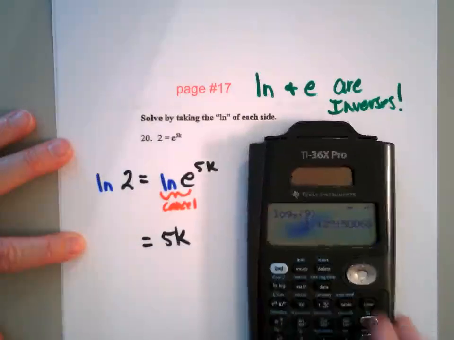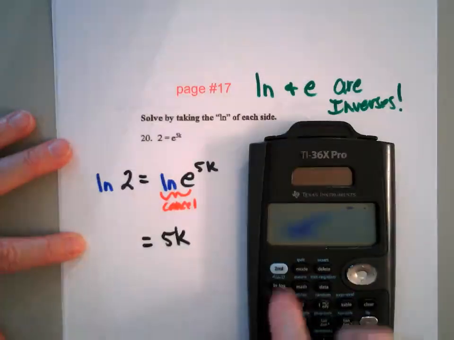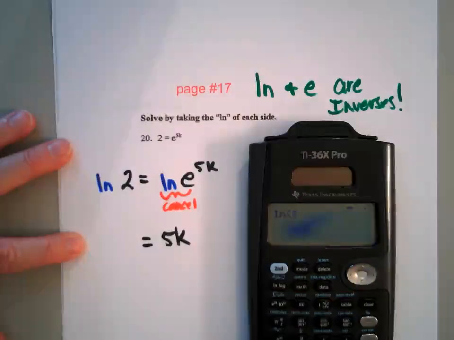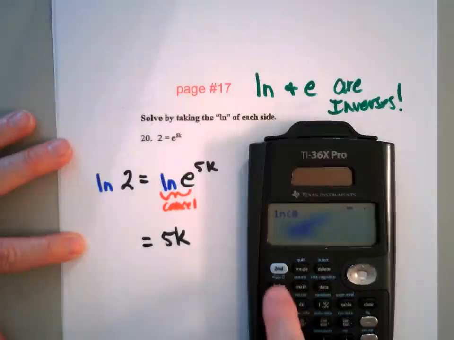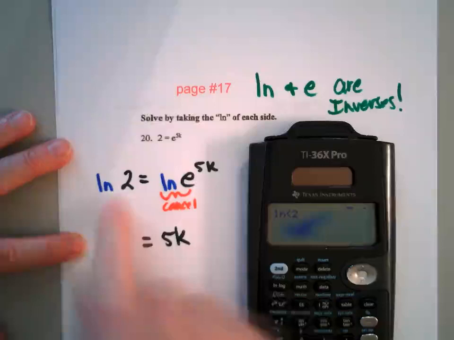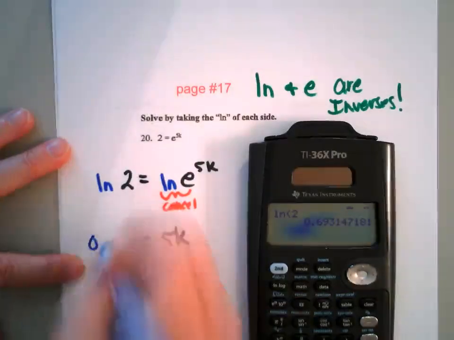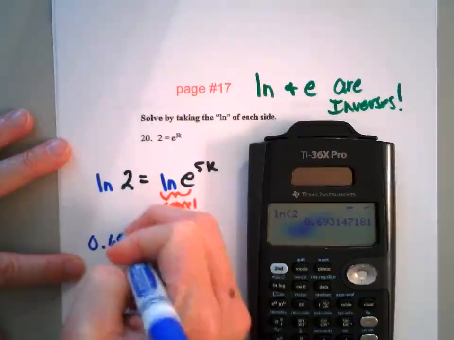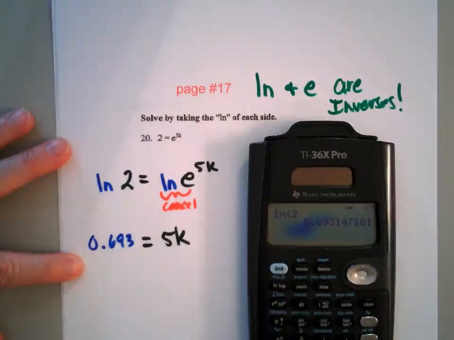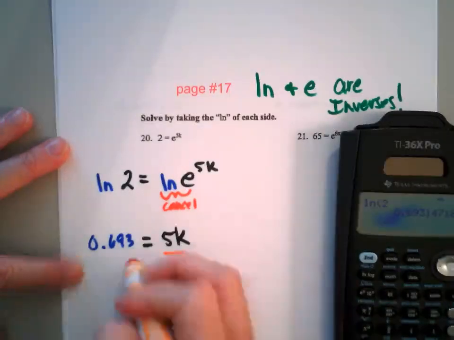We'll grab our calculator. Right here, the natural log is the first tap. So when you hit your calculator for the first time on this TI-36X Pro, the natural log is what pops onto the screen. We're going to use 2 since we're calculating natural log 2. We'll hit enter. That gives me 0.693. We'll continue to solve the equation. Divide by 5.